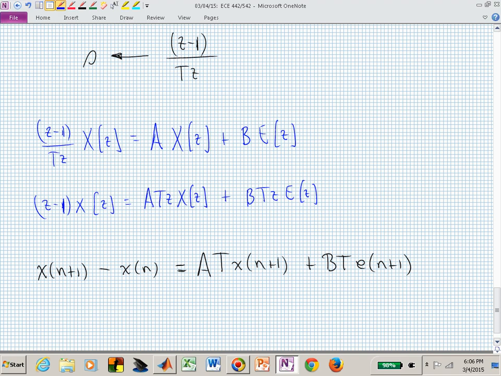Right now we're one time step into the future with our input. That's what's messing us up. Does everybody see that? Now we have to figure out a way of maybe getting around that.